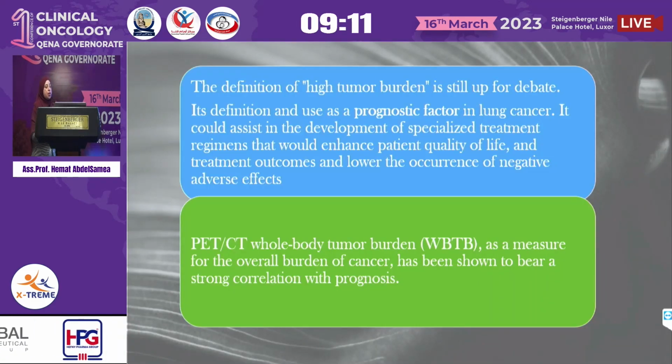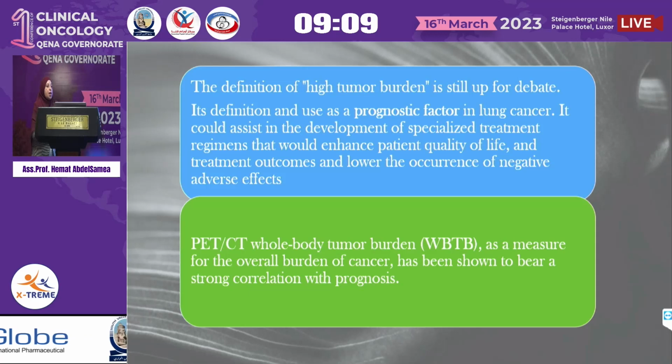More than just the detection of lesions, the metabolic activity of the lesion affects the prognosis in lung cancer. The total body tumor burden, a measure of the overall burden of cancer, has been shown to have strong correlation with prognosis and survival for non-small cell lung cancer.